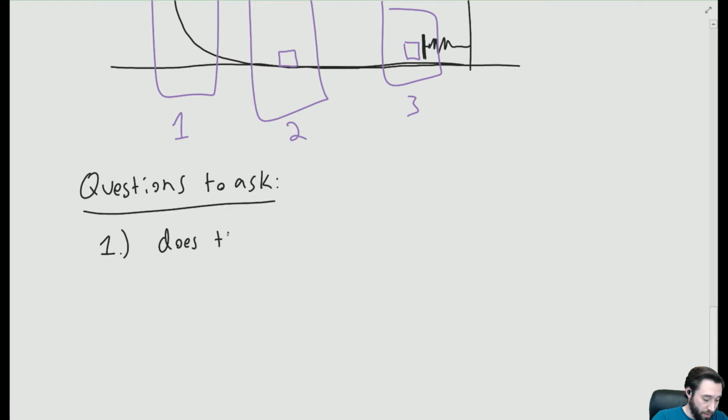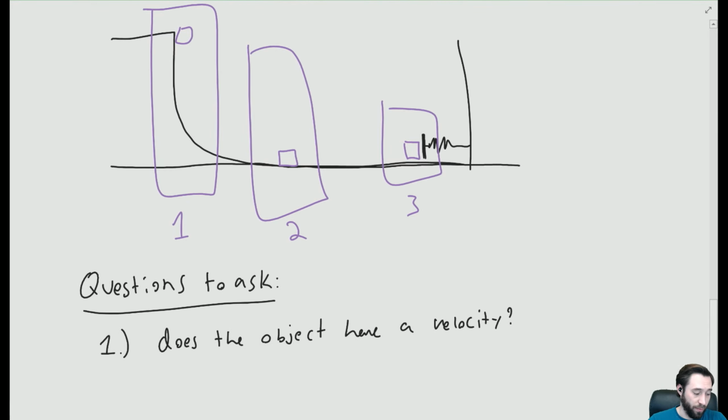So the very first question is, does the object have a velocity? So at state 1, this is the instant right before I let it go, or the instant that I let it go. Is it moving when I start?